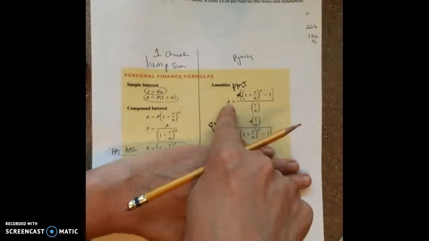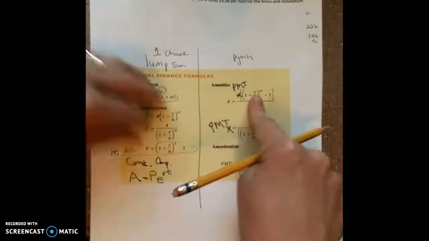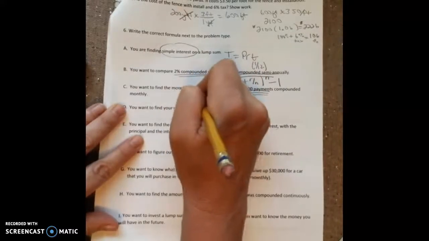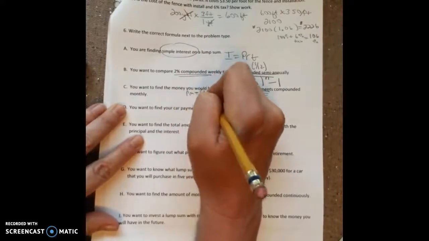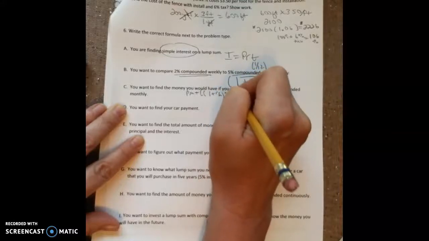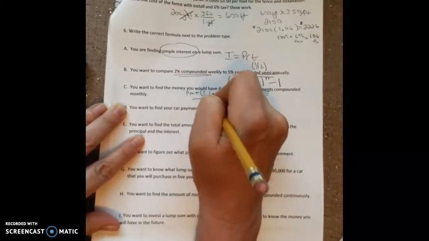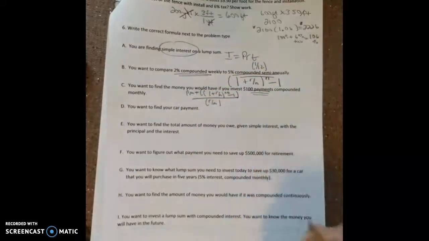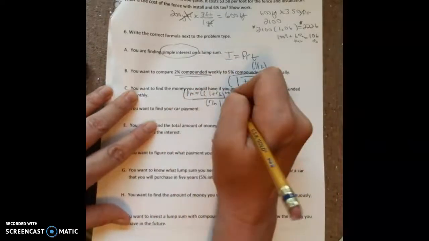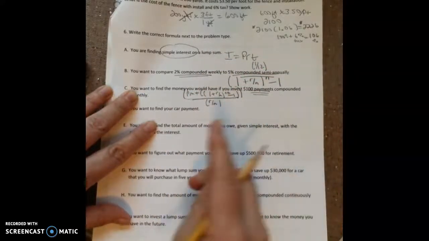A is future value, money with interest, so you're going to use that formula. Saving up using payments: you have payment, times double parentheses, 1 plus r over n to the nt, minus 1, close parentheses, all over r over n. If you're using a calculator, having an extra set of parentheses would not hurt.